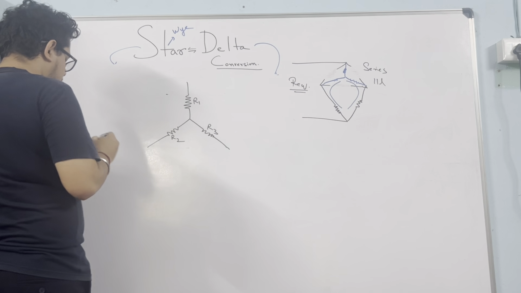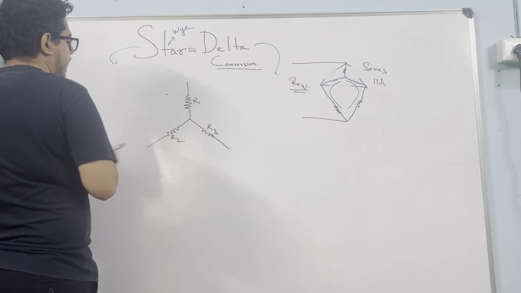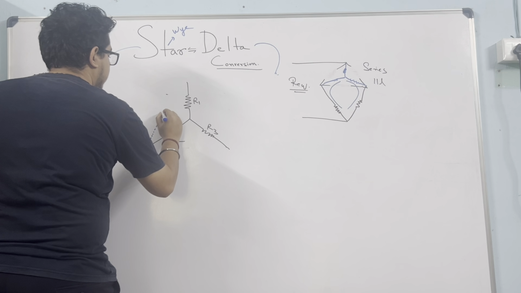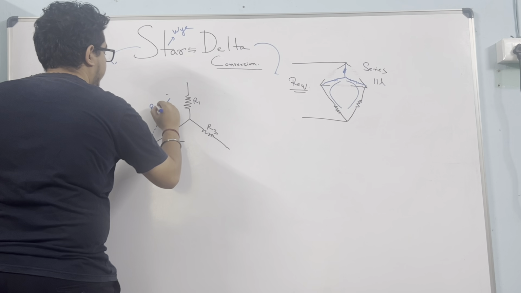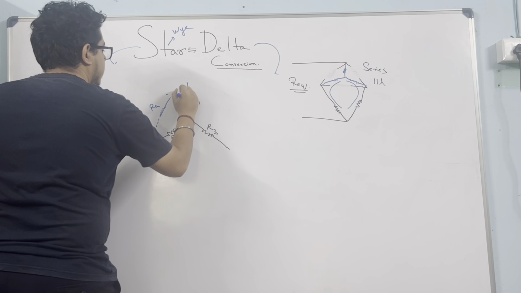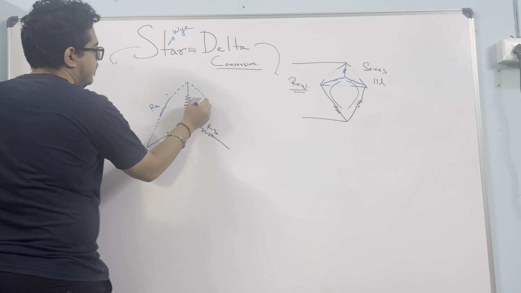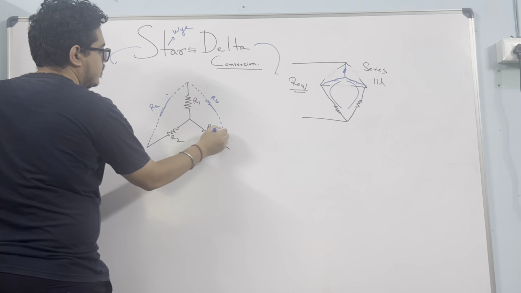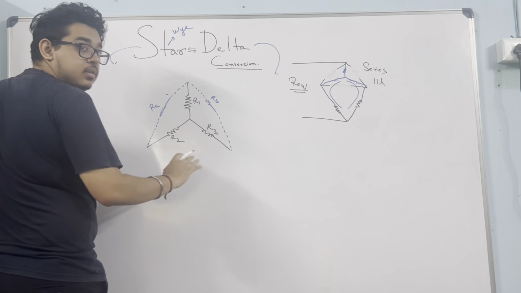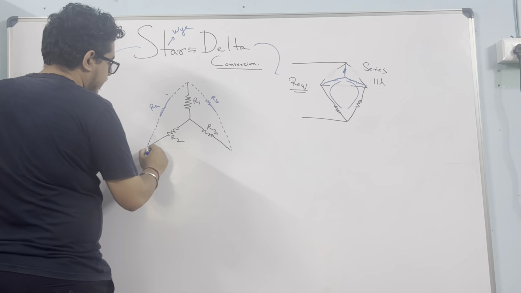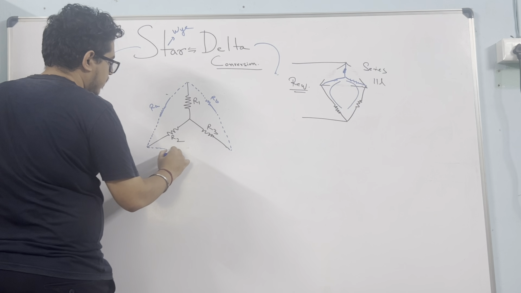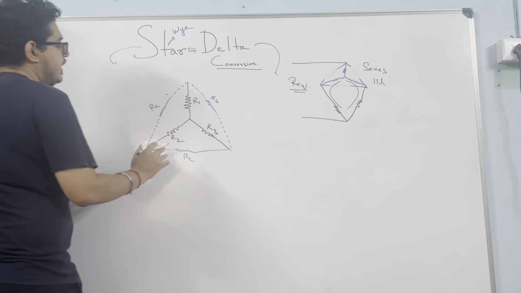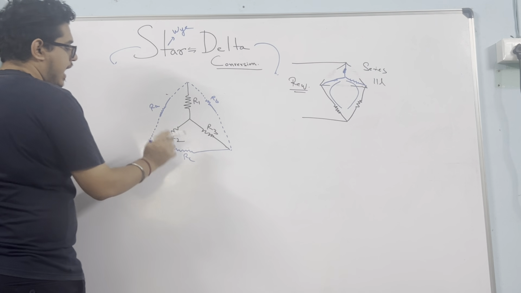I want to convert it into a delta connection. Let's suppose this be RA, I need to find RA, here let it be RB, and let it be RC. So what I need to find is RA, RB and RC, correct?